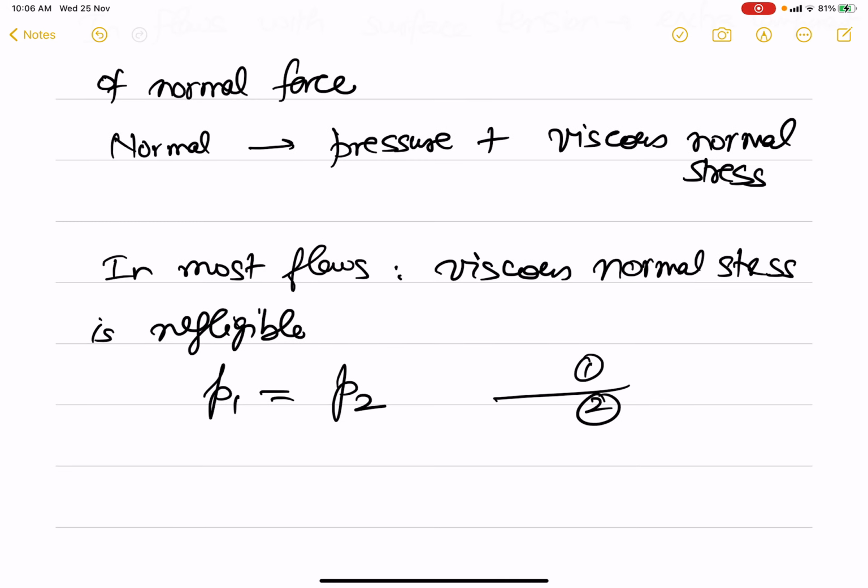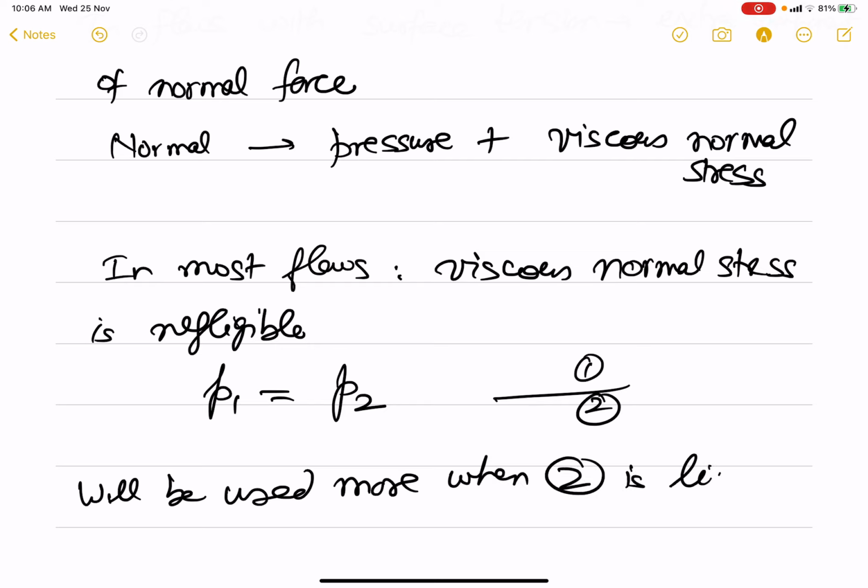And this will be used more when, let us say, 2 is liquid and 1 is either a liquid or a gas.